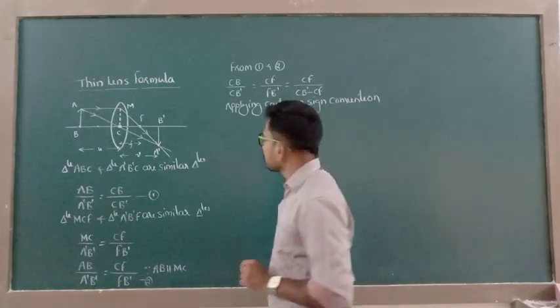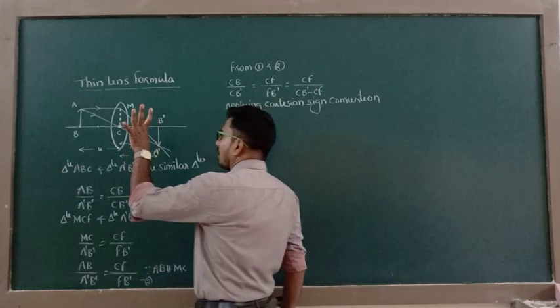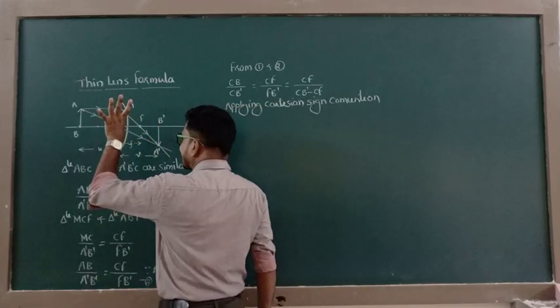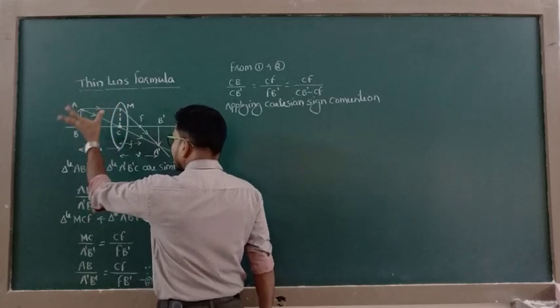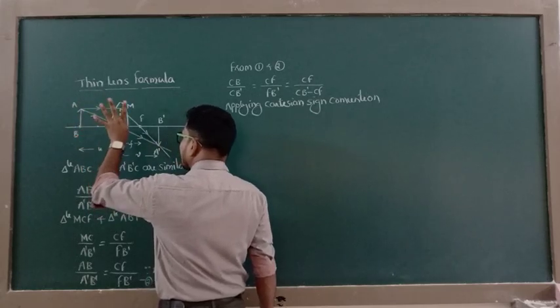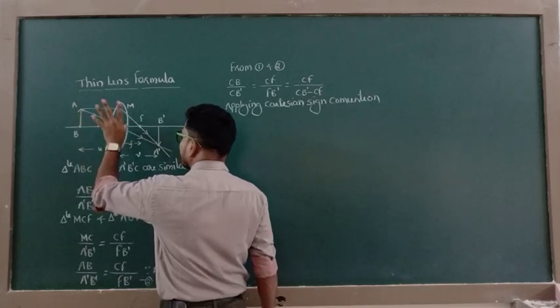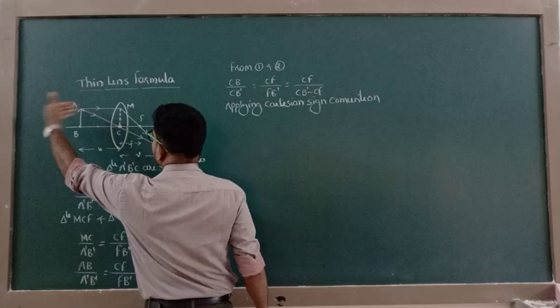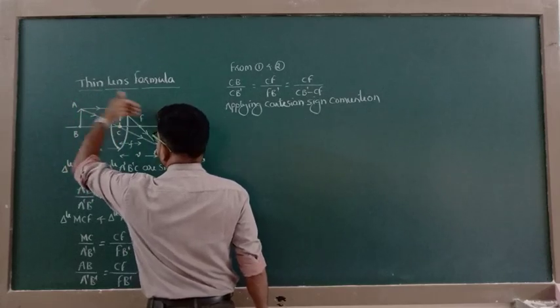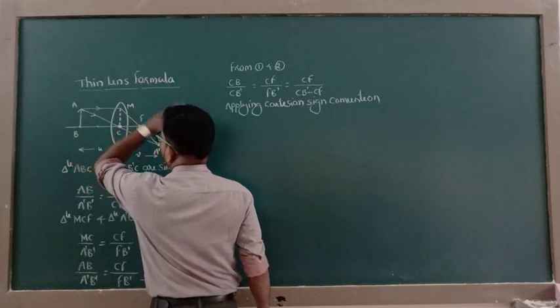Therefore, according to this Cartesian sign convention, CB is a distance measured from the optical center, and its direction of measurement is right to left, while the direction of incident light is left to right.